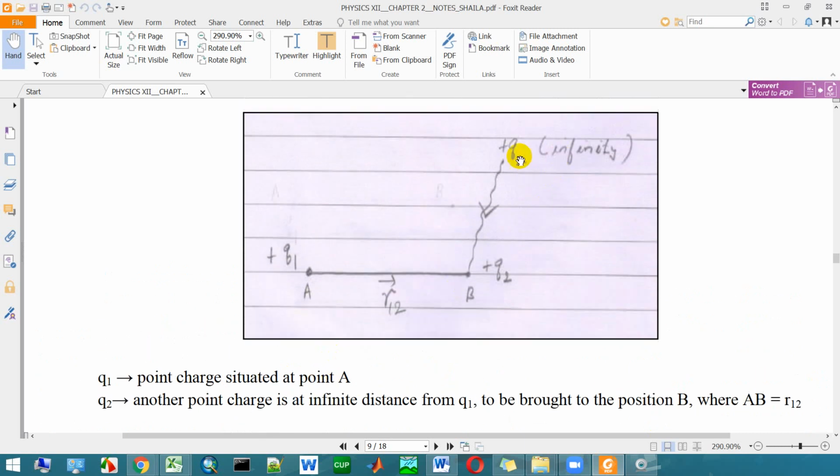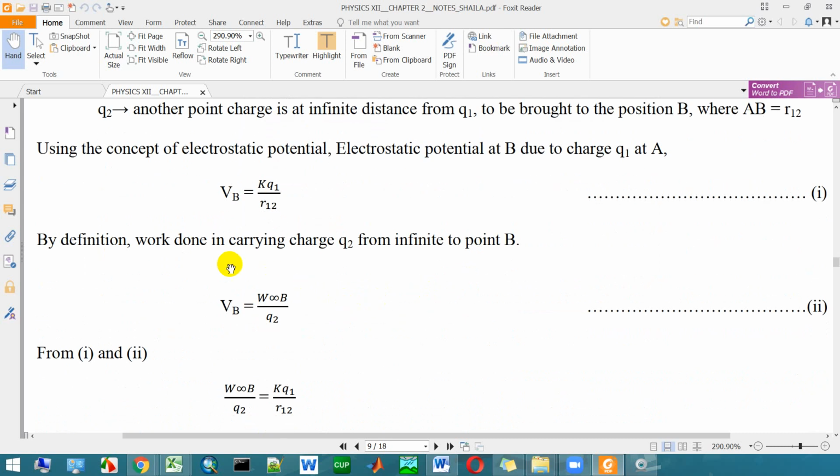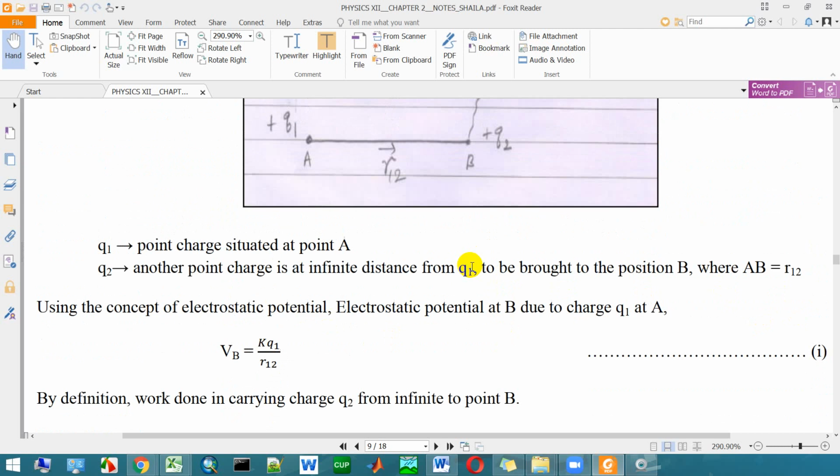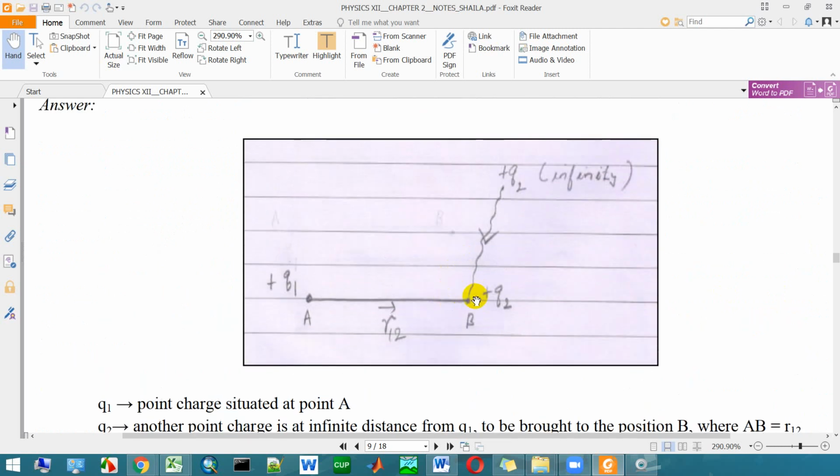Again, we assume that this Q2 is at infinity. So the amount of work done to bring this Q2 from infinity to point B is also the potential at point B. So in terms of that concept, potential at point B is the work done to bring Q2 from infinity to point B. Whether in this case or in this case, both are the potential at B. I repeat, potential at point B due to Q1 is KQ1 by R12.